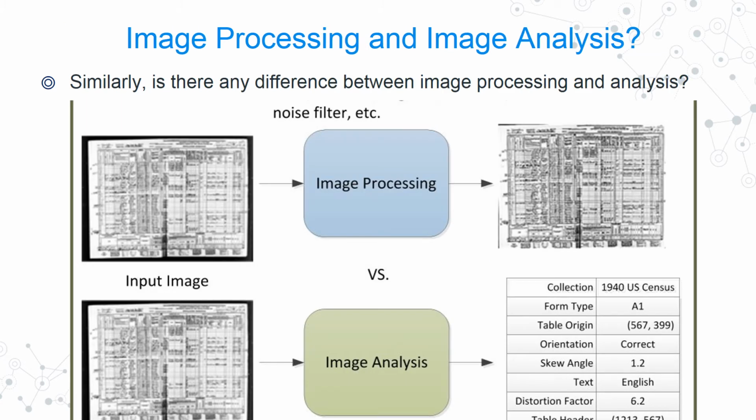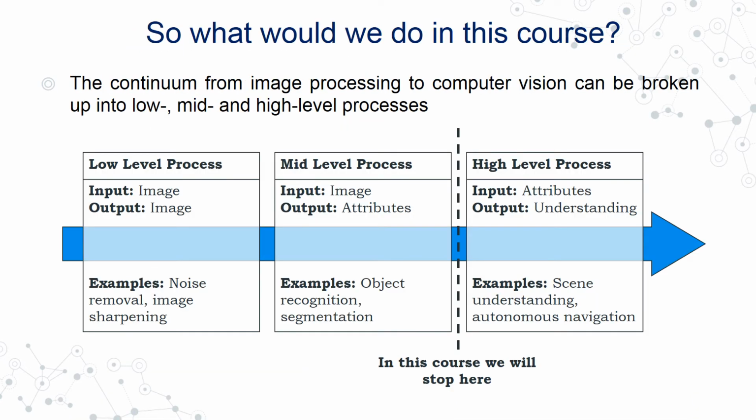Image processing, as I told you, is where we process the image in terms of enhancement for visual analysis or context, while analysis is when I try to extract the information that I need from the image. What we would do in this course is stop at the mid-level processes. Low-level processes are where input and output are images and we just do some transformations, remove noise, sharpen the image and so on.